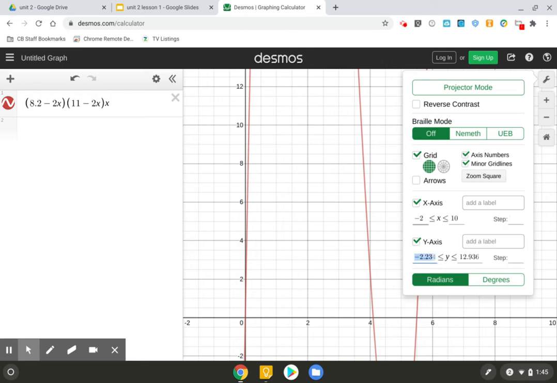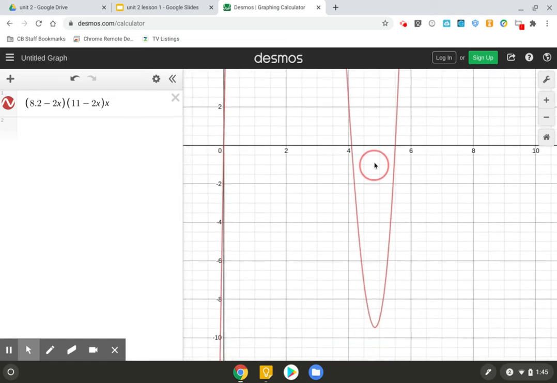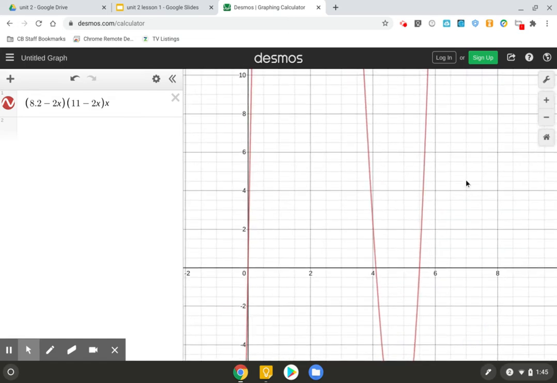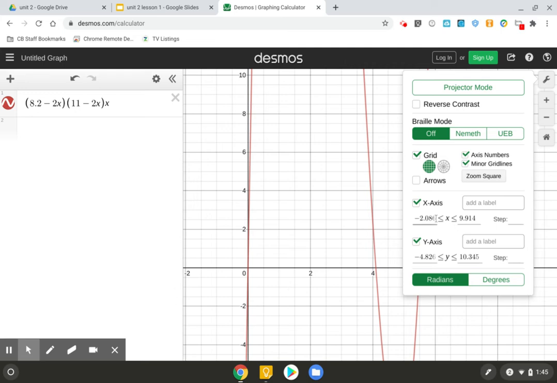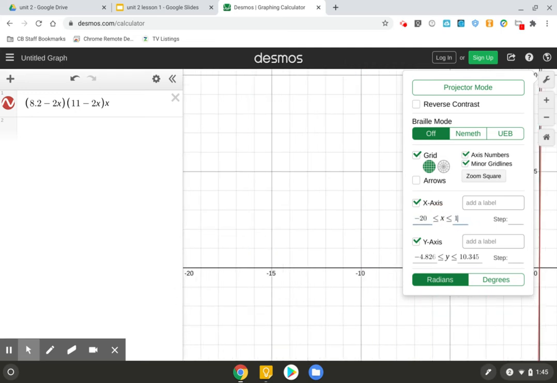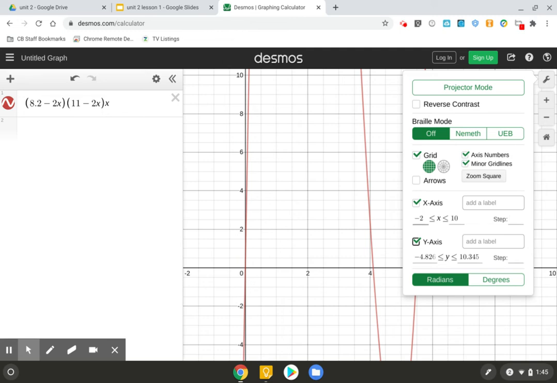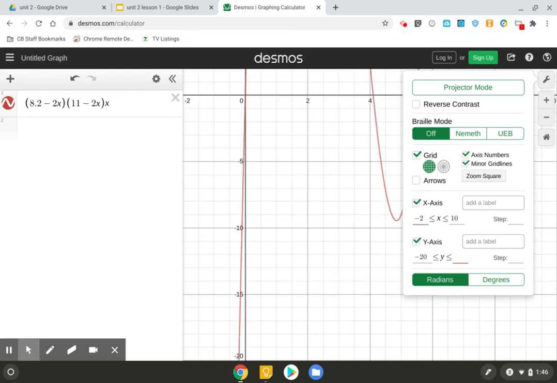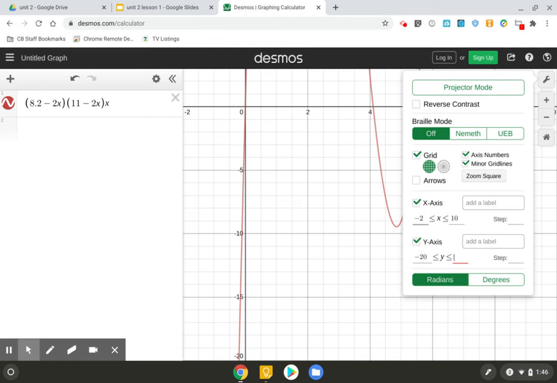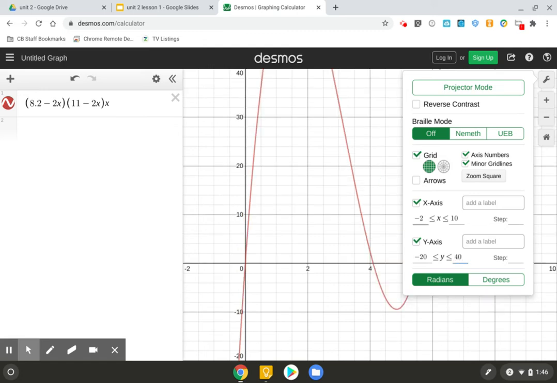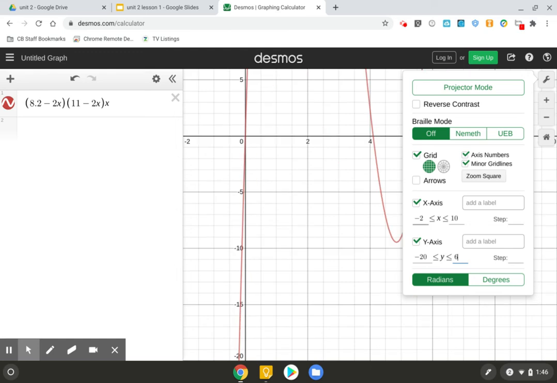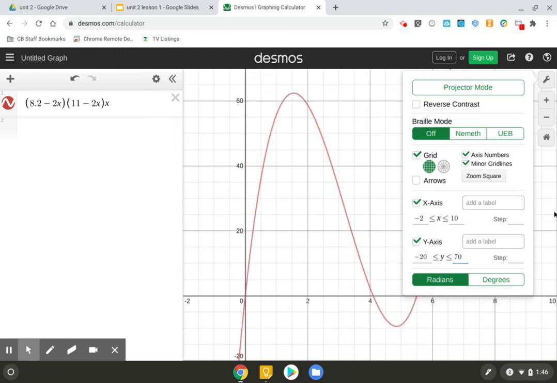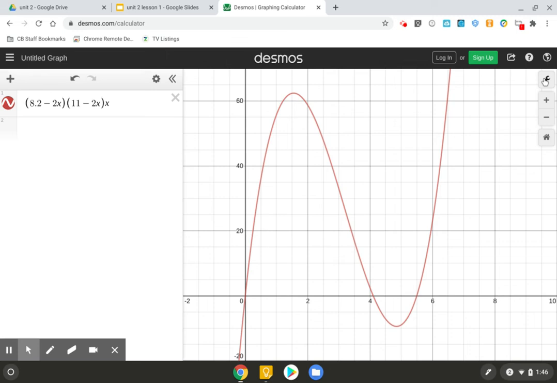And then for this one, I'm going to go from, say, -20 to +30. All right. So I played around with the window settings, and I got a pretty good view of the graph here.